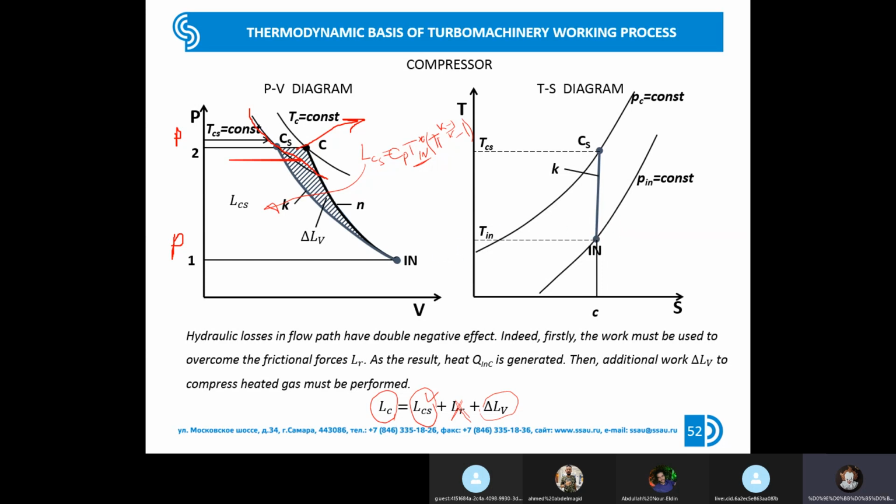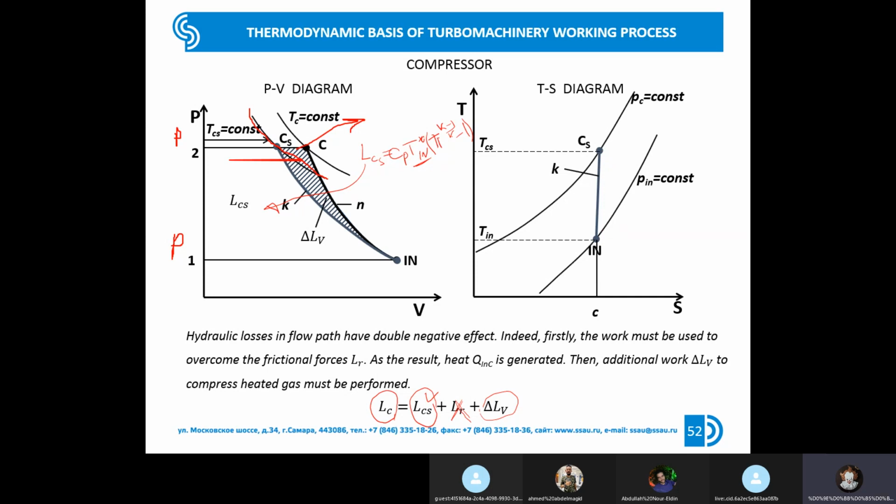So in the ideal case, if we have no losses, if we have no additional supply of energy, mechanical work, heat, the compression process in the compressor is an isentropic process, and it means that in the ideal case it's drawn by a vertical line in the TS diagram. So we are starting from the low pressure and we come to the high pressure.